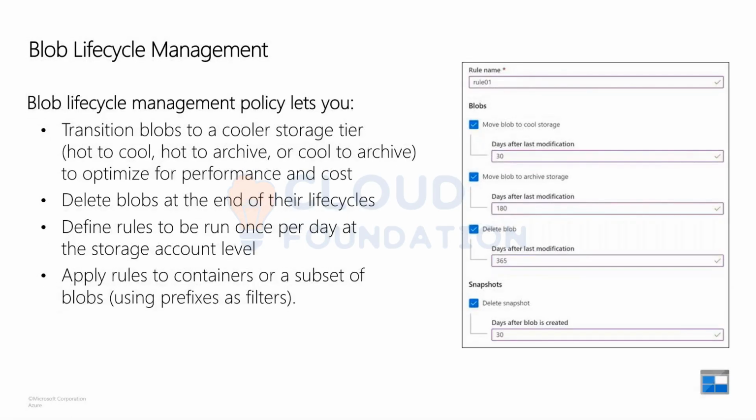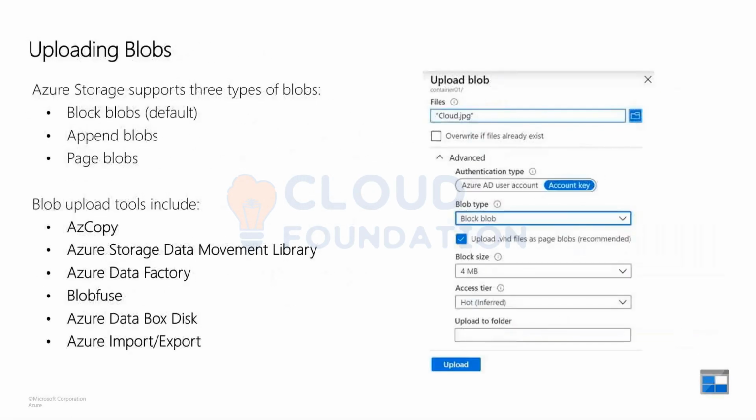When it comes to uploading blobs, I think I have already discussed that, in terms of block size and authentication type. What are the options available for accessing that content? You can use an account key or Azure AD user authentication. There are a number of tools you can use here, and one of the commonly used ones is AzCopy.